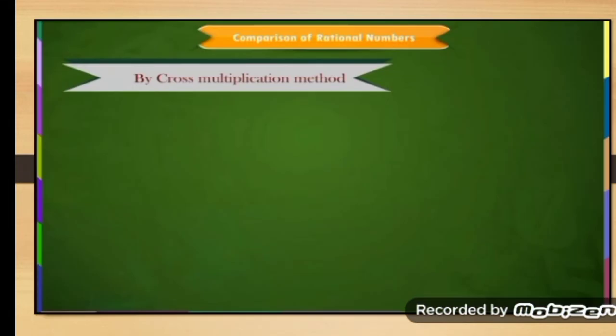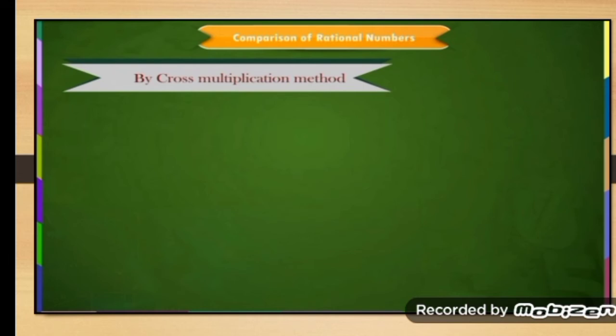So I hope that this method will be more clear to you, as this method is comparatively easier than the first method, so you can compare two rational numbers by this cross multiplication method. If you are using this method, then make sure that the denominators are positive.